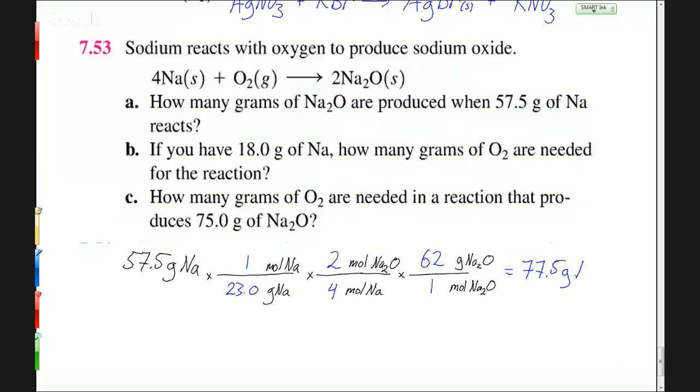So that tells us that with 57.5 grams of sodium, we would make 77.5 grams of sodium oxide. Is that what you got? No? Some? Yes? What'd you get? How'd you do it differently?